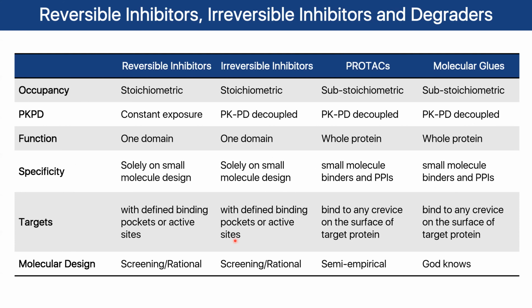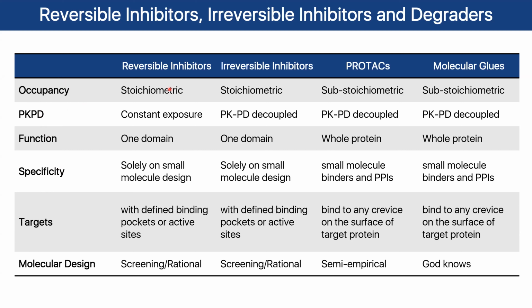I don't want to go over this again, but essentially, there are differences between reversible inhibitors, irreversible inhibitors, PROTACs, and molecular glues. Number one is occupancy, right? And then the PK/PD, whether they are decoupled or not. Inhibitors mostly only go after one domain, but with degraders you can get rid of the whole protein.